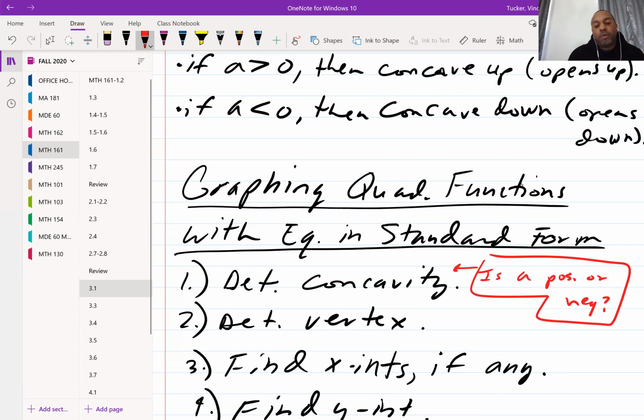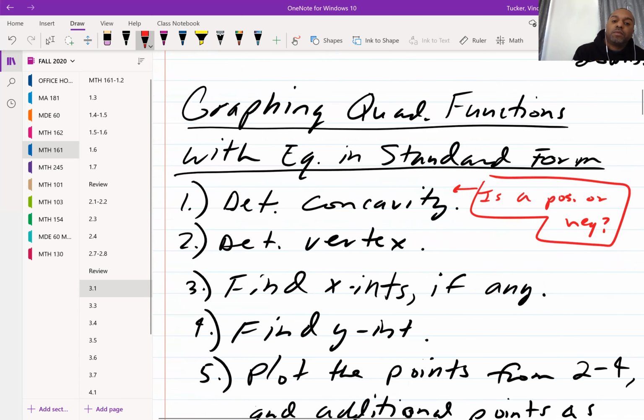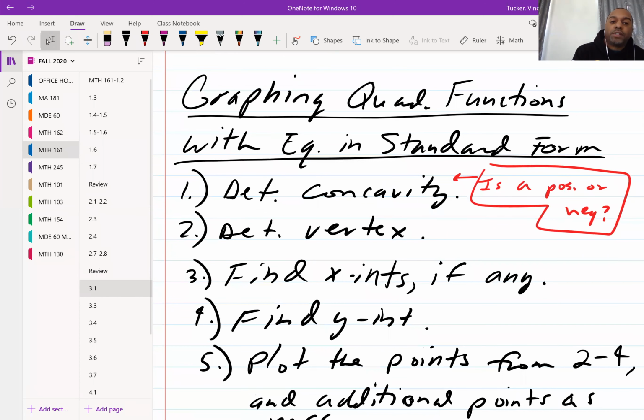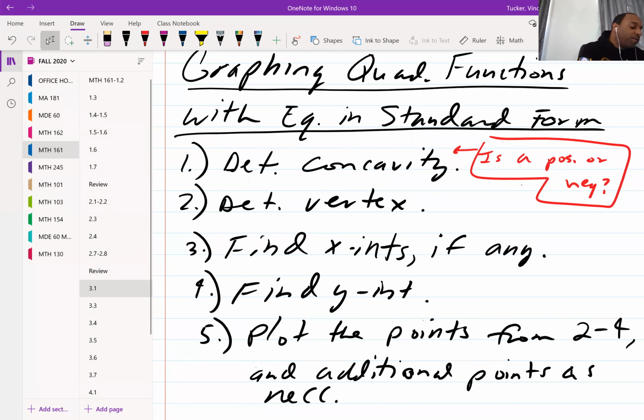Then we'll be able to determine our vertex, find x-intercepts, if any, find y-intercepts, then step 5, we would plot the points from steps 2 through 4: the vertex, x-intercepts, y-intercepts, and then any additional points as necessary.